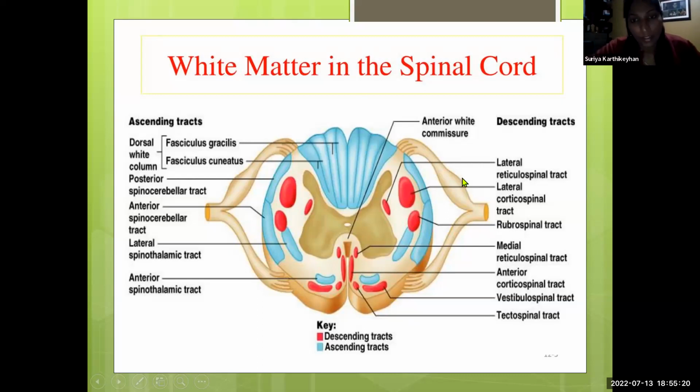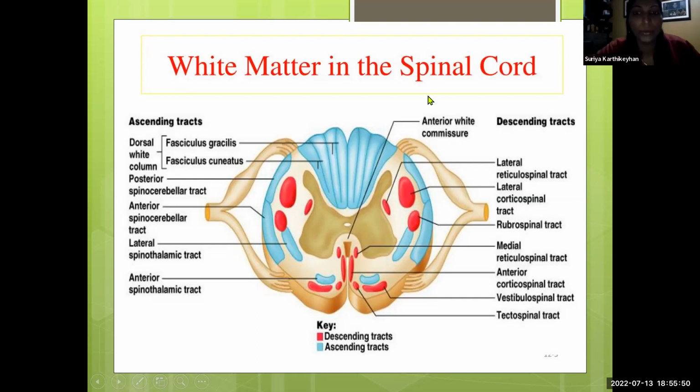Moving on to the ascending tracts in the lateral white column, we have the spinocerebellar tracts. This is the anterior spinocerebellar, and this is the posterior spinocerebellar. When I tell you the name itself, the endpoint should be noted. Spinocerebellar: from the spinal cord, these fibers go to the cerebellum.